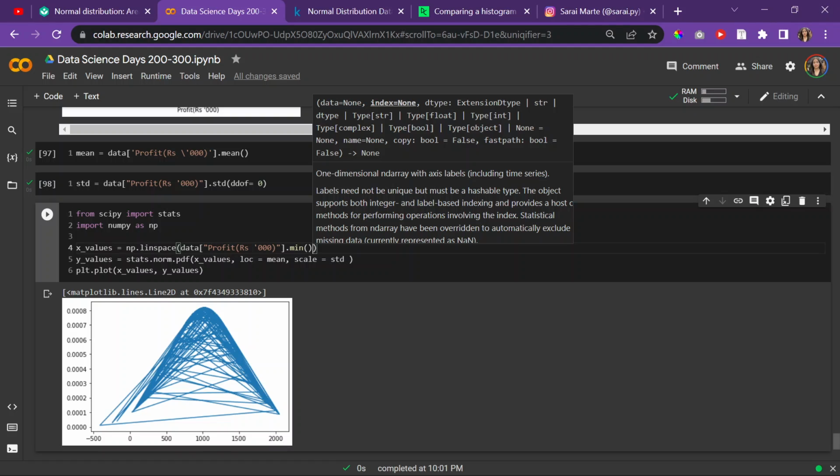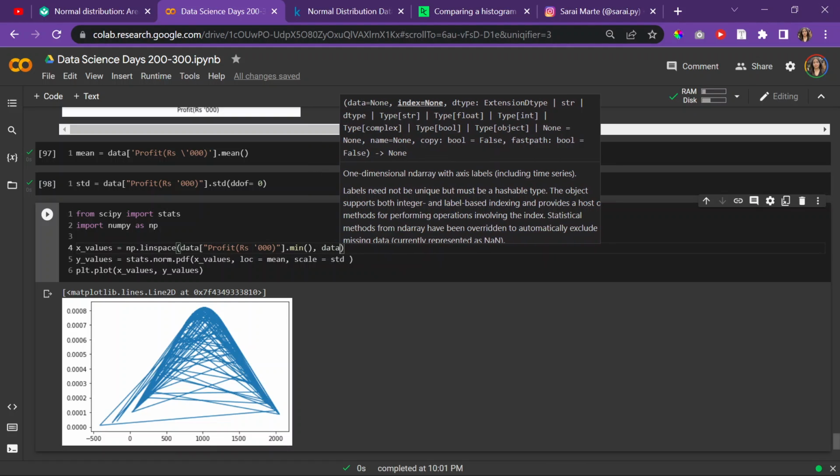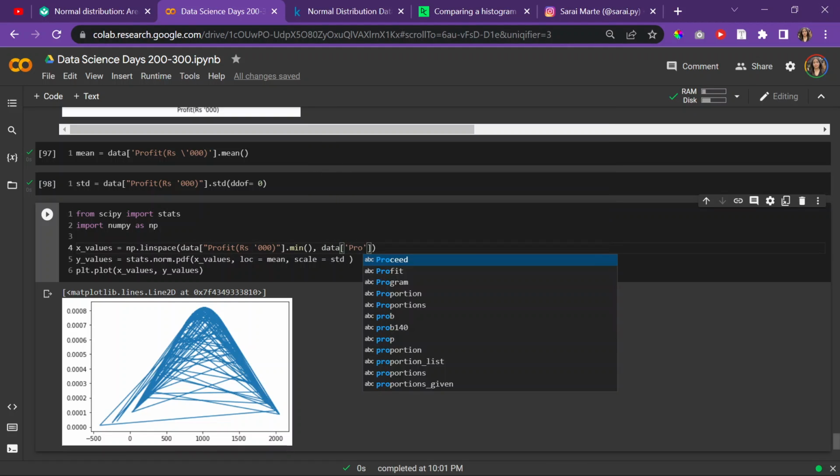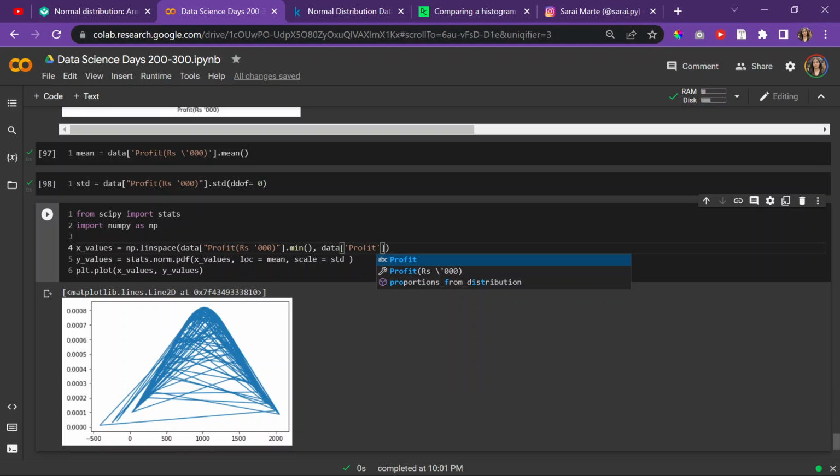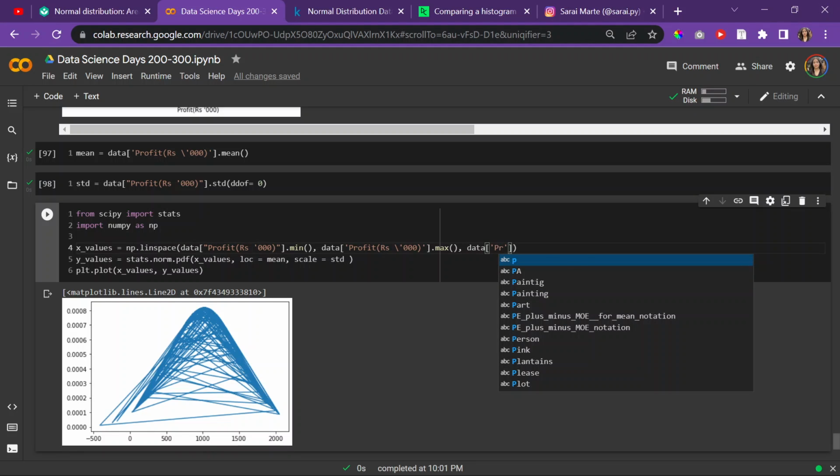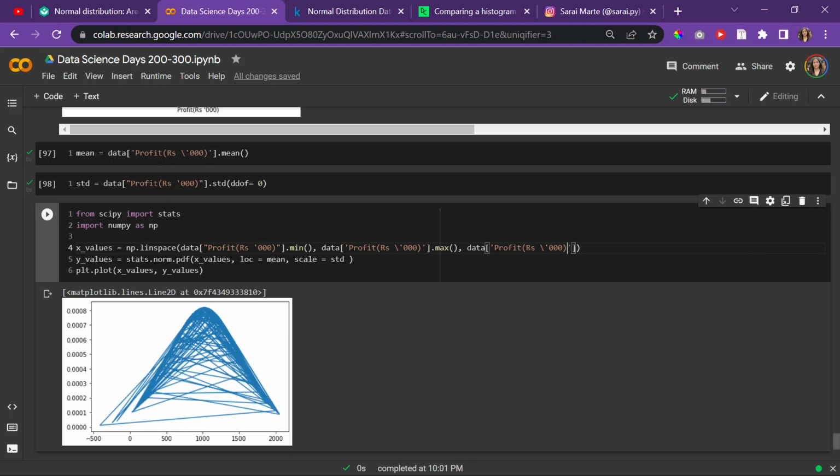Is it a function or a method? I don't know. And then I'll end at data profit dot maximum, and then I'll have data profit values in between. I don't know what I'm doing. Let's try that. If that turns out to be a mess, then that's not my problem. Just kidding, it is. It's absolutely my problem.